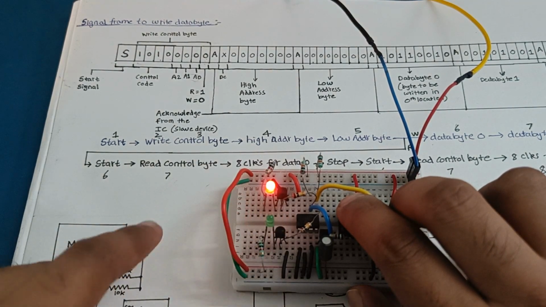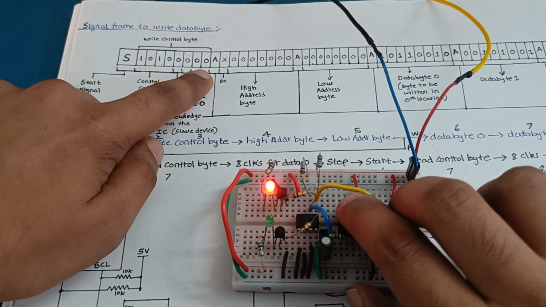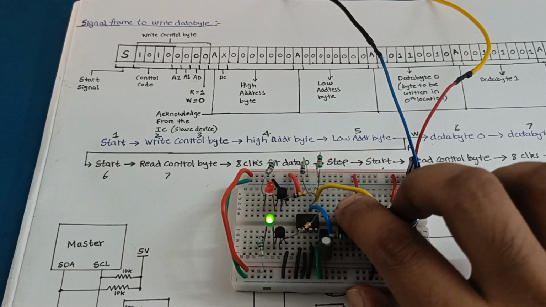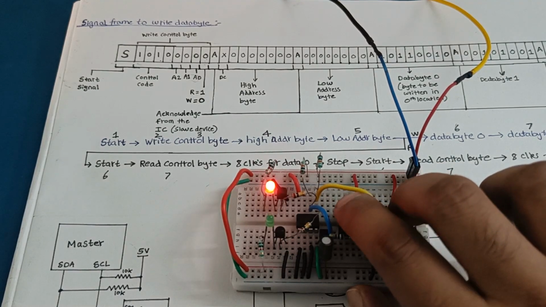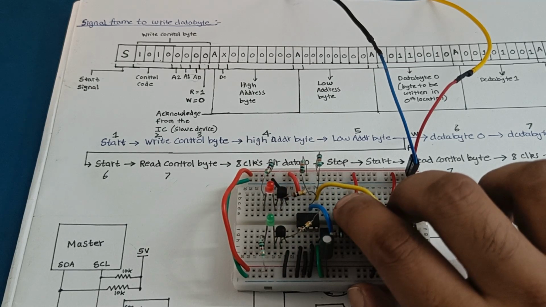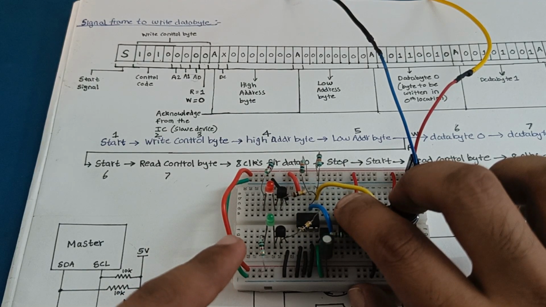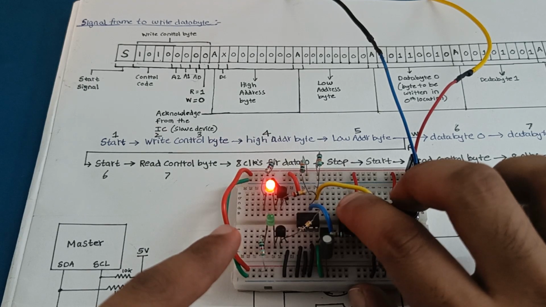Now I will send the read control byte, which is the same byte with the last bit 1. So I'll send 1, 0, 1, 0, 0, 0, 0. The last bit is 1. So I got the acknowledgement, and clock in the acknowledgement.